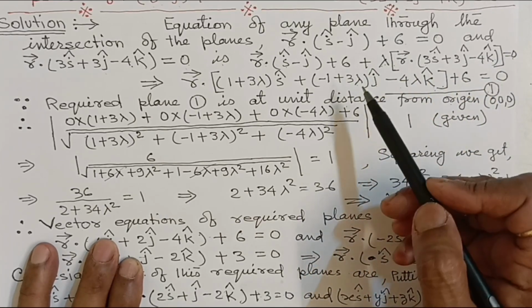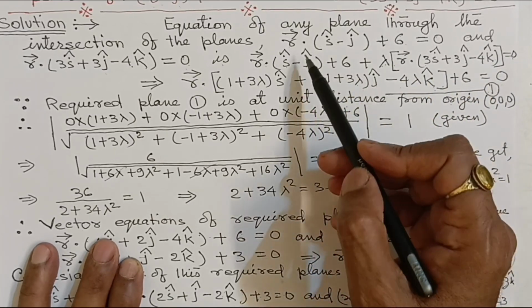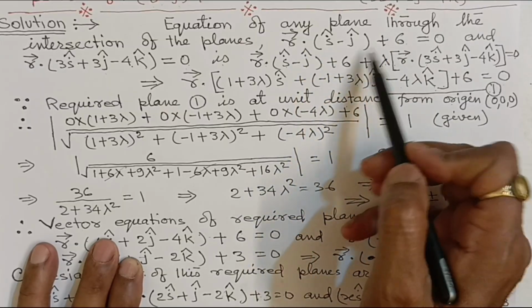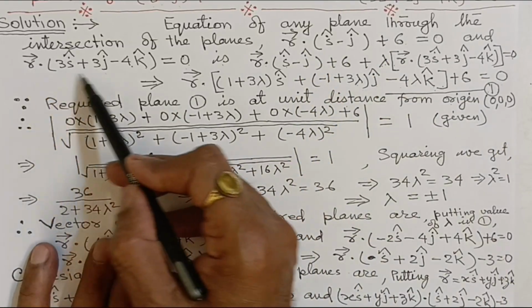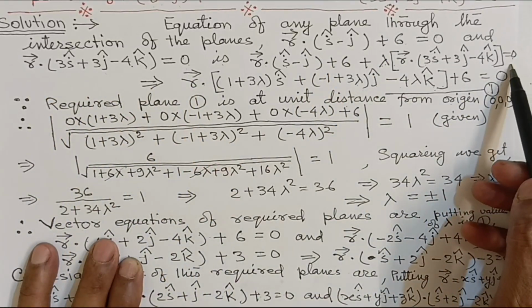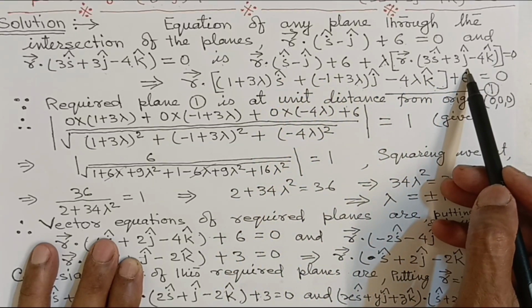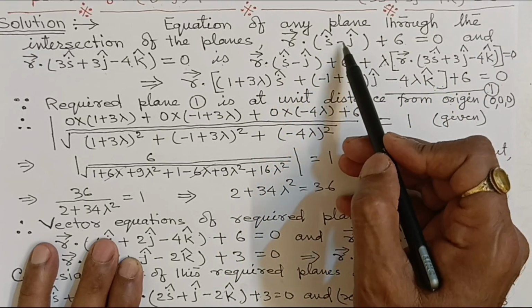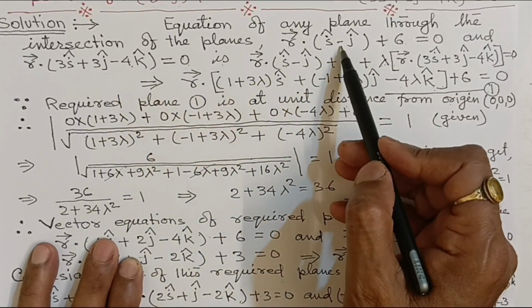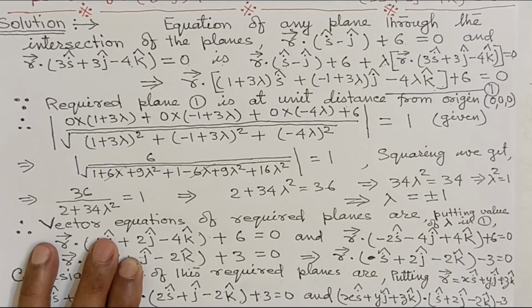Here lambda is a parameter: equation of the first plane plus lambda times the equation of the second plane. This is the required equation of a plane passing through the intersection of these two planes.